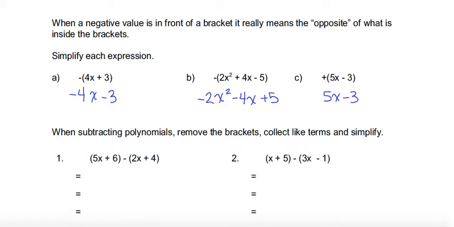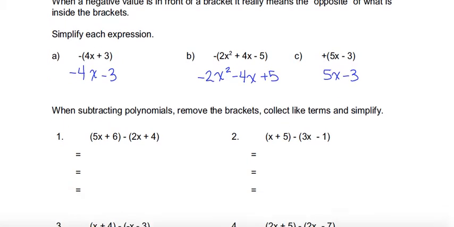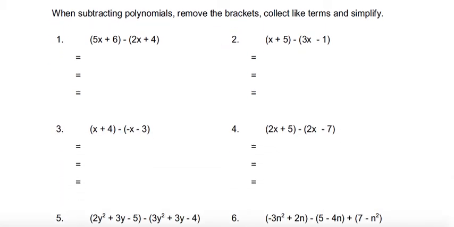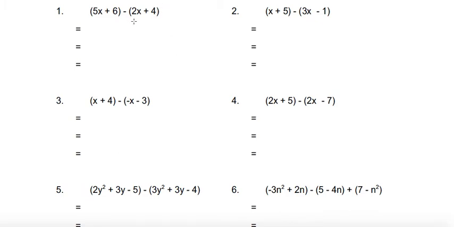So now let's combine that by subtracting polynomials. So again, you'll notice that I have given you some equal signs as a sort of guide to help you know how many steps to include in your solution. So when we're subtracting polynomials, we want to remove the brackets. But when we remove the brackets, we have to write our second polynomial as the opposite polynomial.